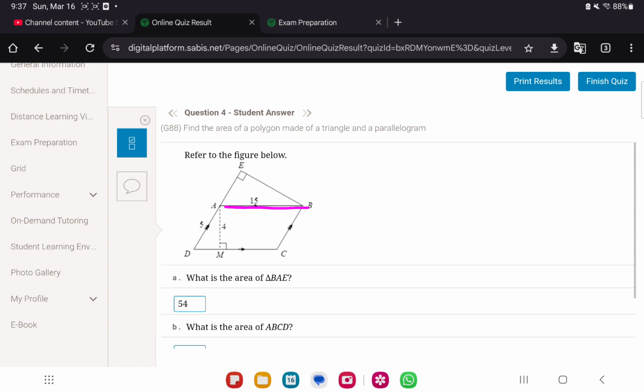But here we have the hypotenuse. We want to find one of the other sides using the hypotenuse and one of the sides, okay? So we know that BA is the hypotenuse. So BA squared equals BE squared plus EA squared.